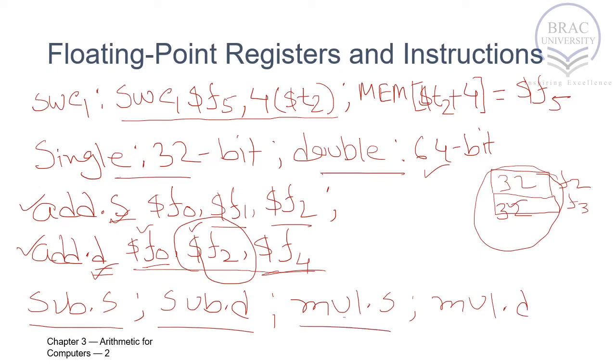All these operations have variations, single precision as well as double precision. So when the operation is single precision, only one 32-bit register is considered. In the coprocessor, when a double precision operation is considered, two consecutive registers are considered as destination or sources.